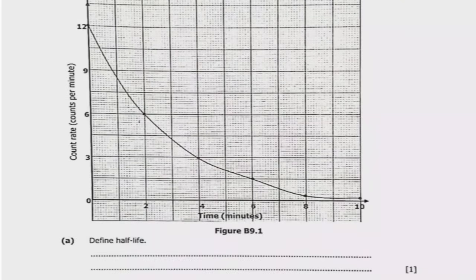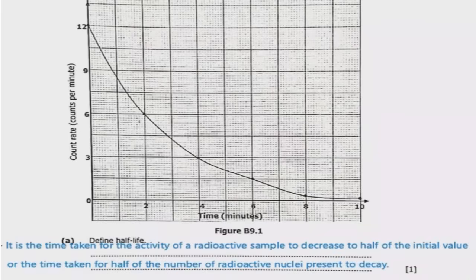We can define half-life as the time taken for the activity of a radioactive sample to decrease to half of its initial value, or the time taken for half of the number of radioactive nuclei present to decay. You can pick any of the two varieties of the same definition.